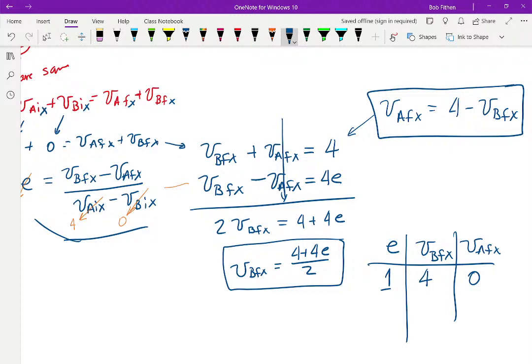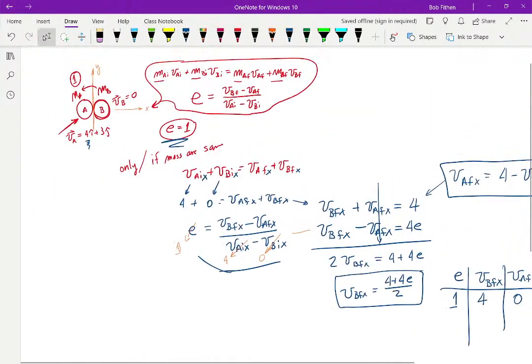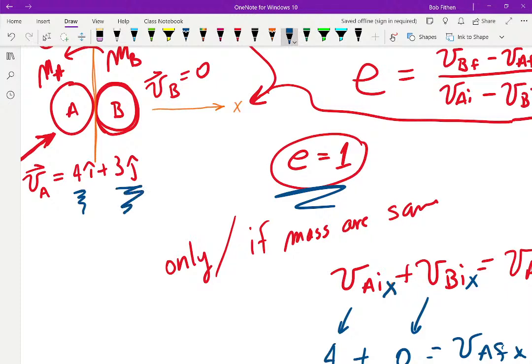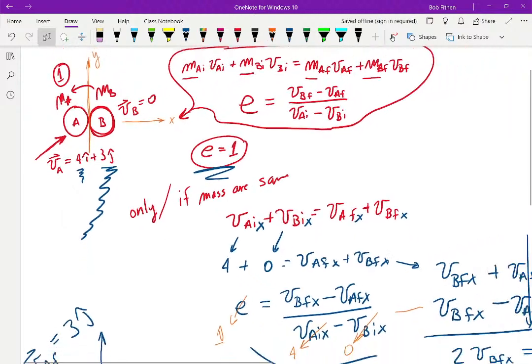Now, let's look at this. What does this say? It says the final velocity of A. Okay, so we're just looking at A. It goes straight up 3, okay, VA final is equal to 3J. Why? Because, again, the J component, there's no energy taken away there.